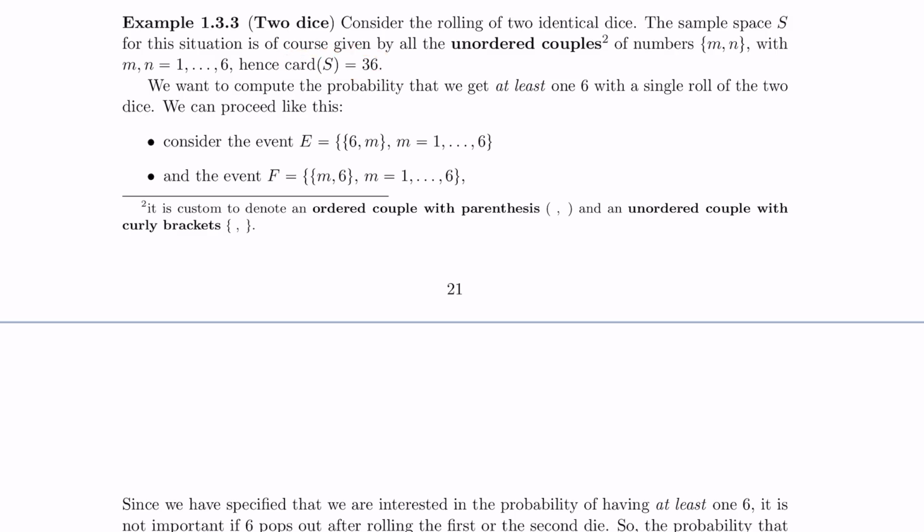We are interested in computing the probability that we get at least one 6 with a single roll of the two dice. To compute this probability, we can proceed like this.